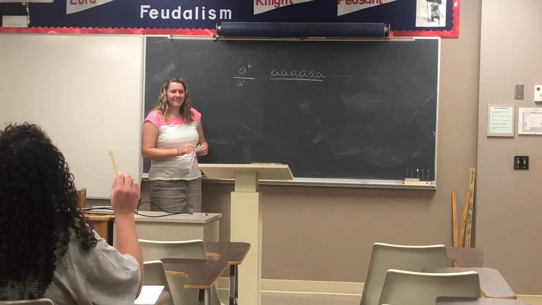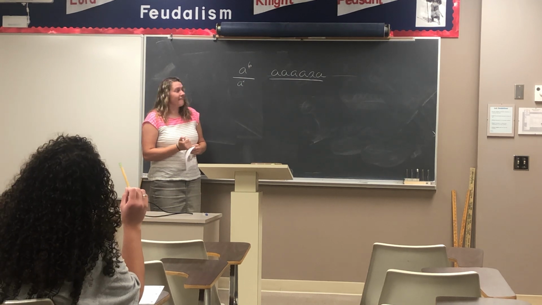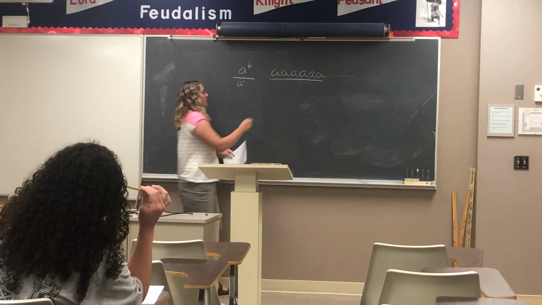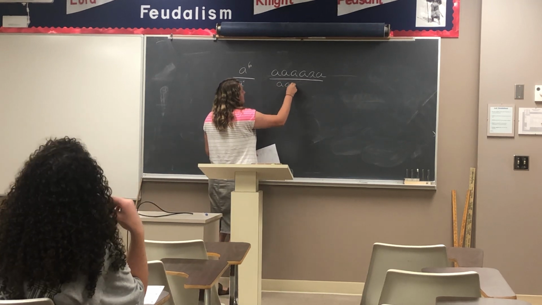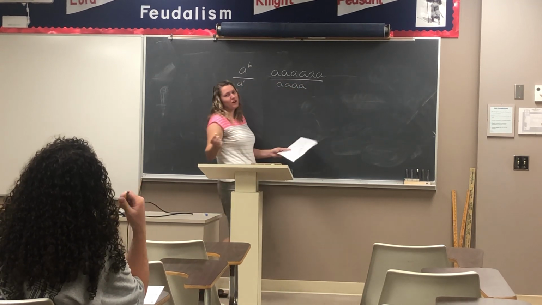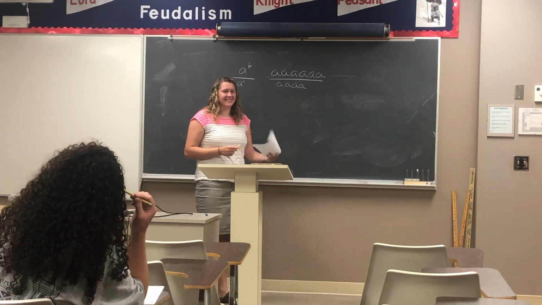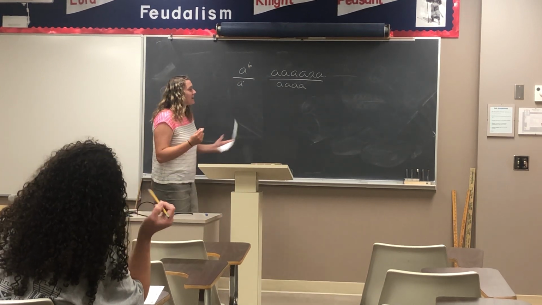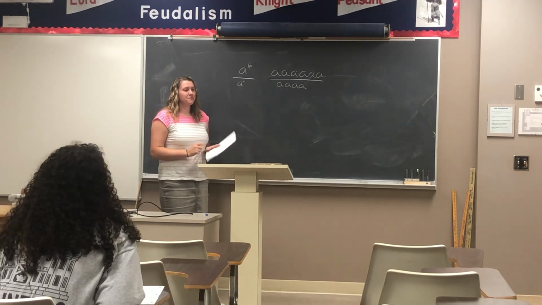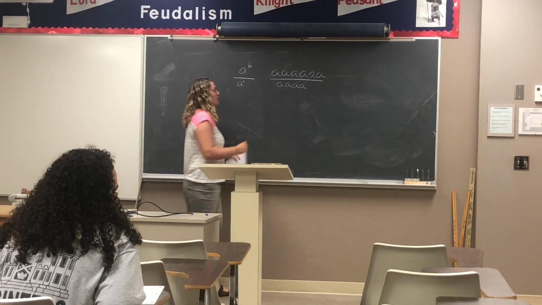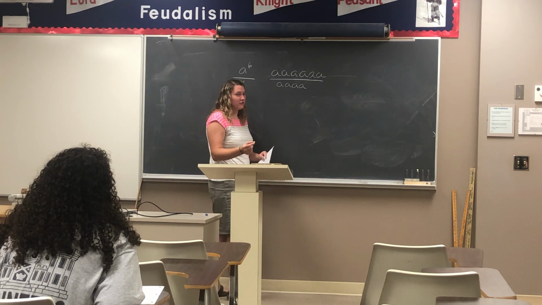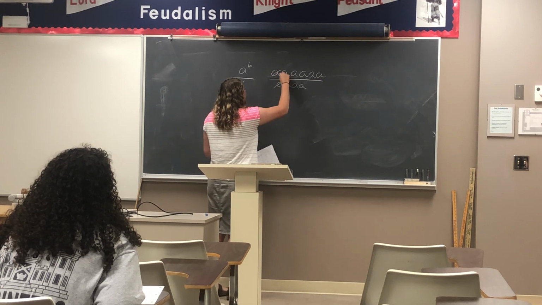And then I wrote A times A times A times A. So you had 5 A's? No, just 4. Just 4. Why did you have 4? Because it's A to the 4th. All right, she got it. Just making sure Anna Grace is staying with us. So the next step is, Hannah? We're gonna cancel. Okay, so I'm just going to start canceling and you tell me when to stop, okay? Okay.